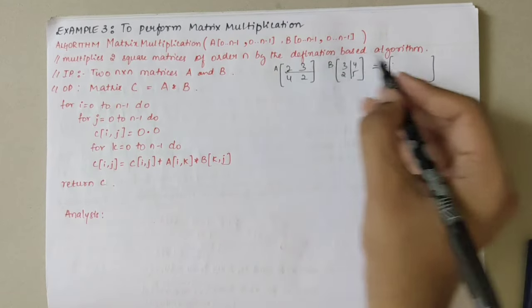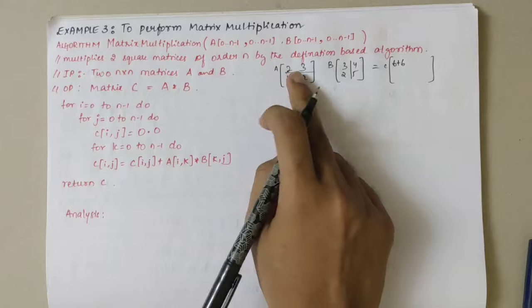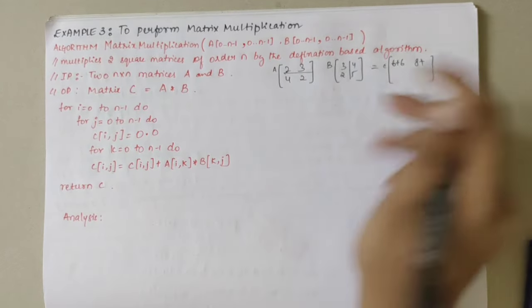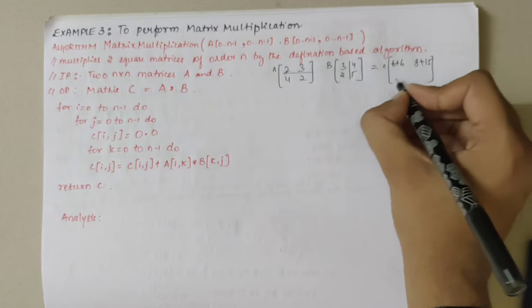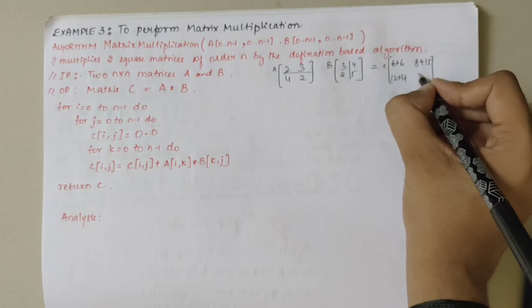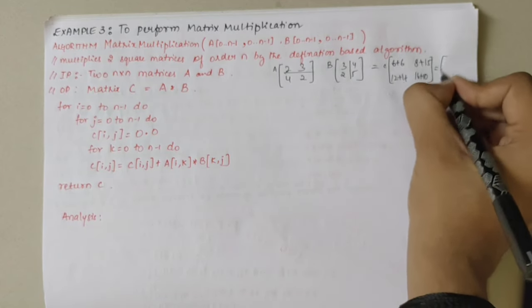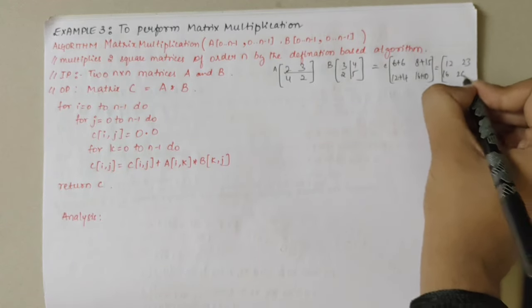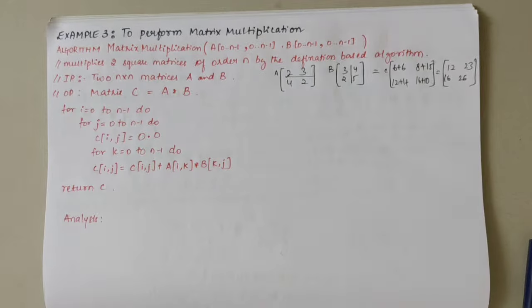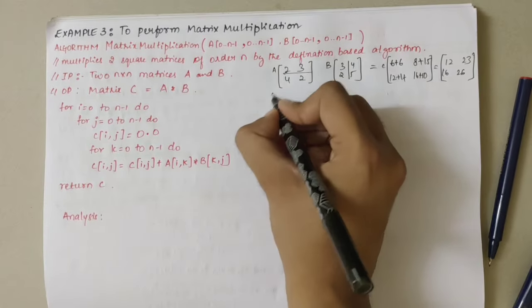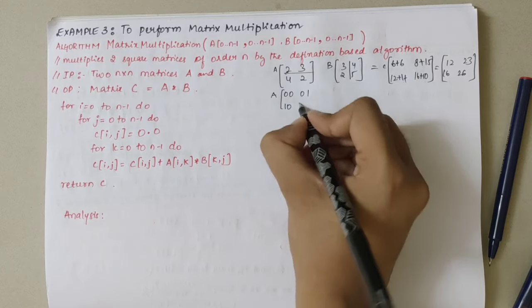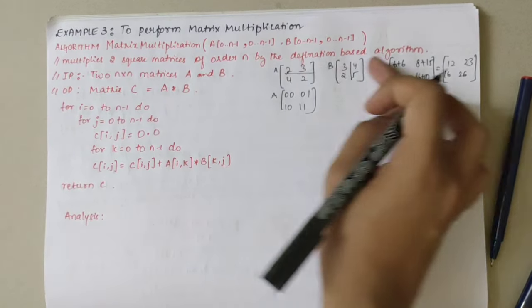I'll write 6 plus 6 here, and here it will be 8, 4 twos are 8 plus 15. On this side I have 12 plus 4, and here I have 16 plus 10. Solving this further, I have 12, 23, 16, and 26. So this is how basic multiplication is done. If I have to write the indexing, it would be 00, 01, 10, 11. It stands the same for A, B, C, all.